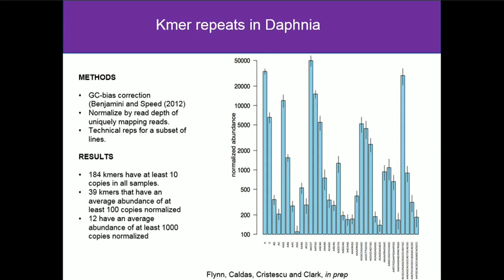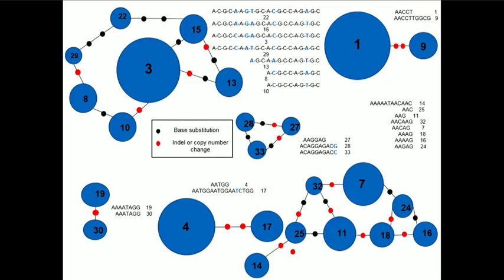Anyway, the results were there were a number of K-mers that were available to be scored across the whole set of lines. And what are we basically asking? There's a certain abundance of a given K-mer in each line, and we're asking, does the variance in that copy number inflate over time? That's basically the question. And one other point I need to make is that the K-mers are not all independent of each other in the sense that they are connected by some degree of mutational steps.